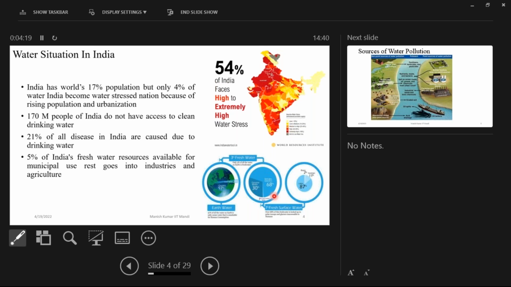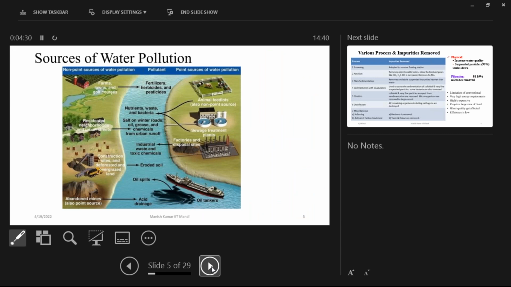So in that case, we have to think about this ocean water. We have to purify that water, and in that matter, we are working to purify this water. Before that, first I'll explain what causes the pollution in the water.